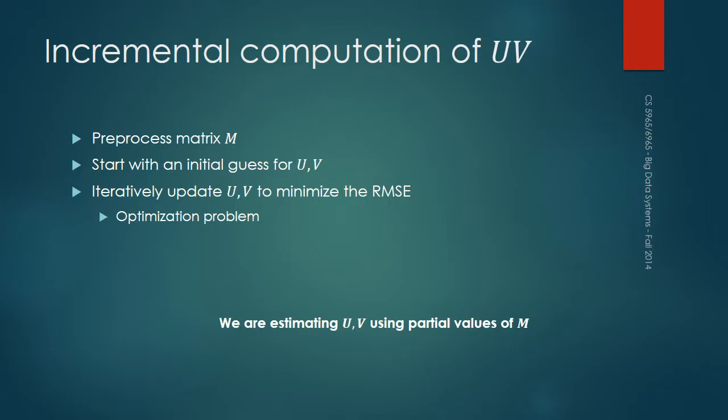So the key part is that we want to estimate these two matrices U and V using partial values of M, right? If you think of this product that we will define between U and V, you can think of it as a set of equations written with these entries. So the unknowns that we are interested in are the entries of these matrices U and V. If we choose a small enough D, we have fewer unknowns.